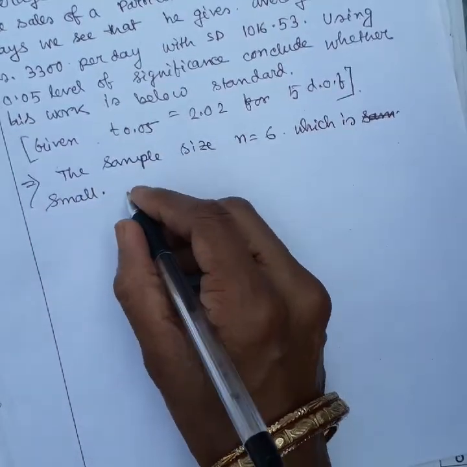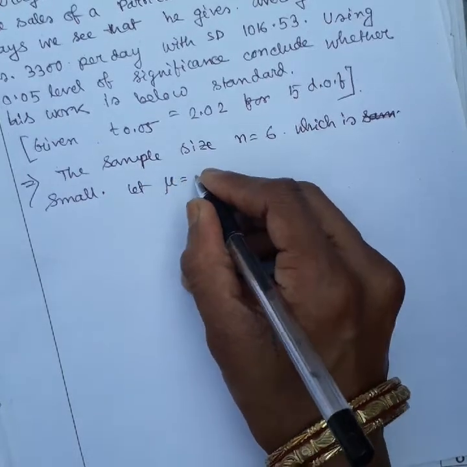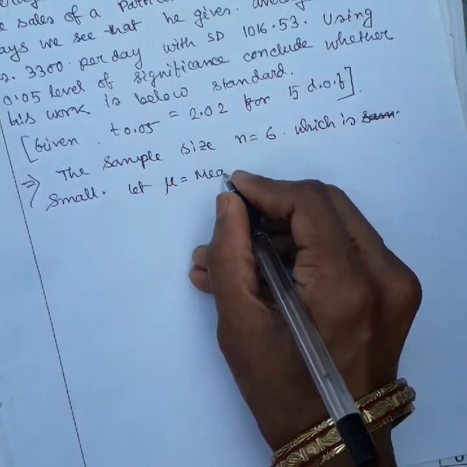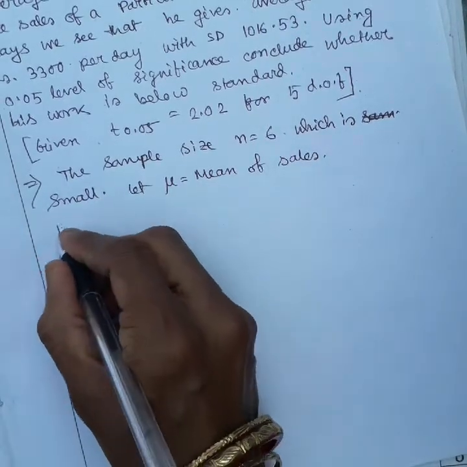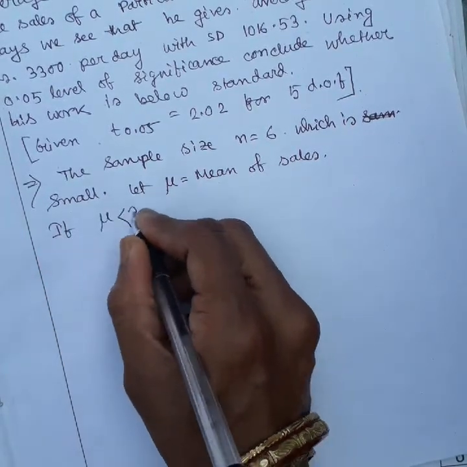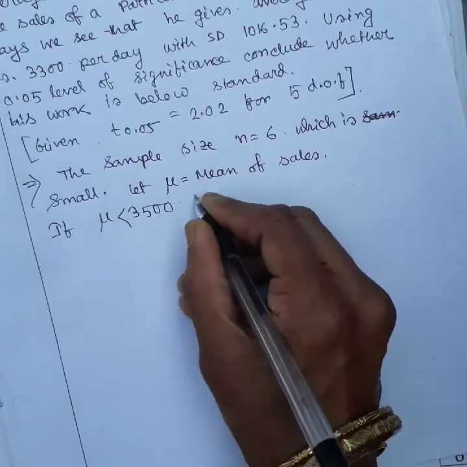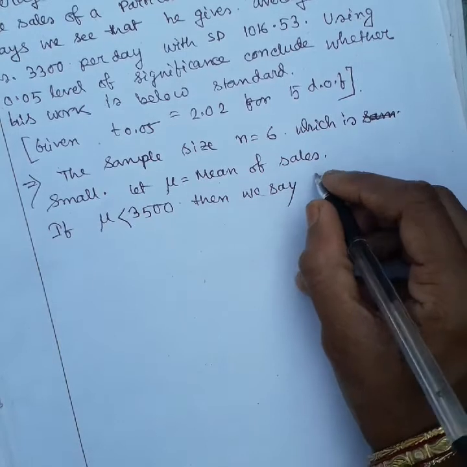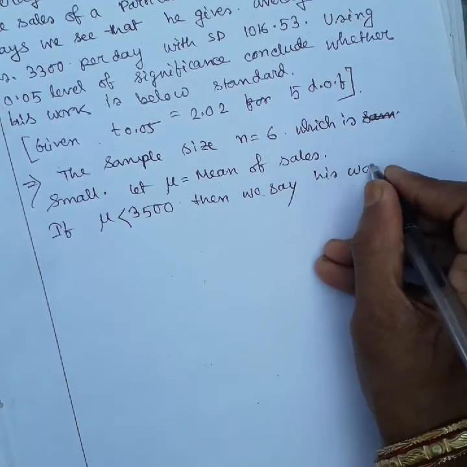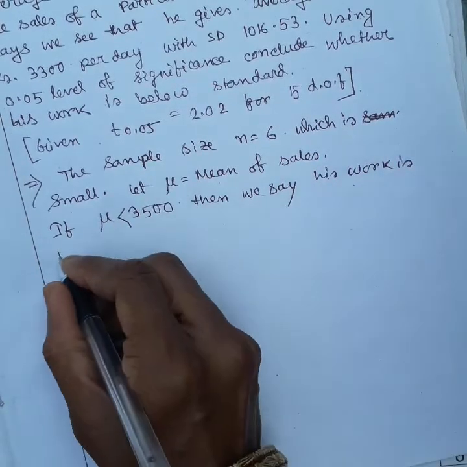Okay, and let mu is equal to the mean of sales. If mu is less than 3500, then we say his work is below standard.